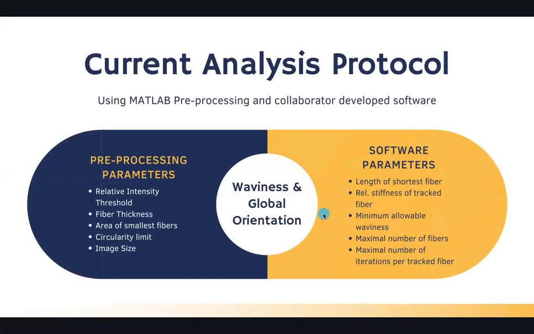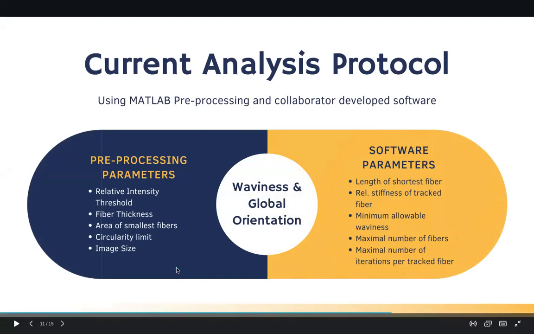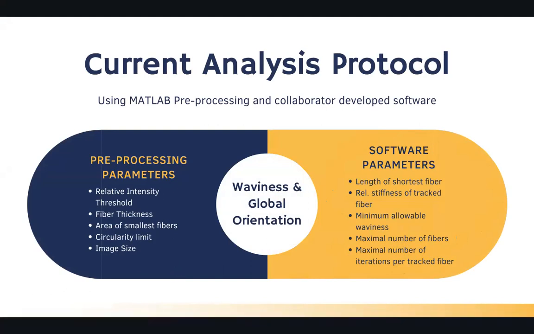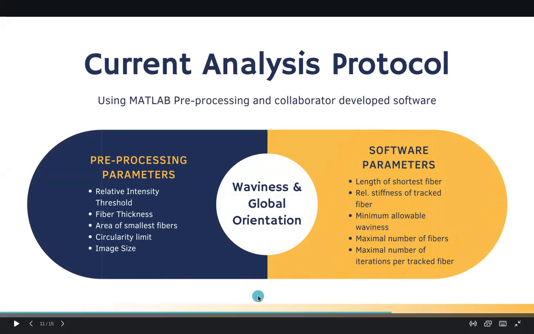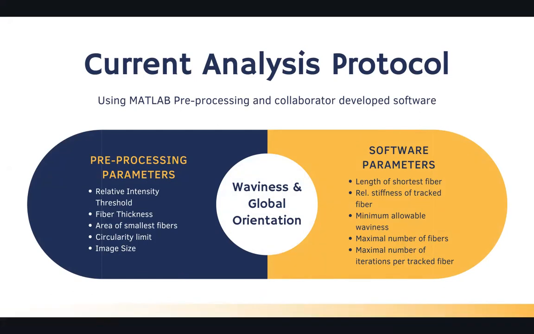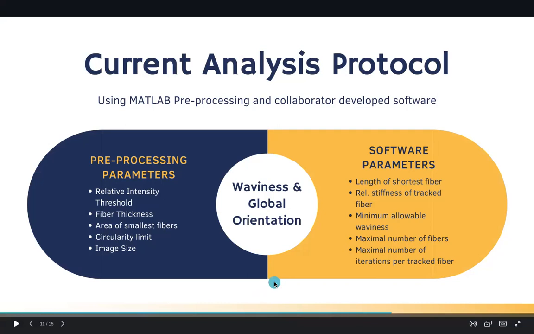The pre-processing parameters are kind of the obvious things you'd think of: relative intensity, how bright does something need to be for it to be considered important and not an artifact, as well as the size of the fibers, the fiber thickness and the area. The circularity limit is saying if something does a 360-degree circle, it's likely not actually a fiber. And then as well as image size.